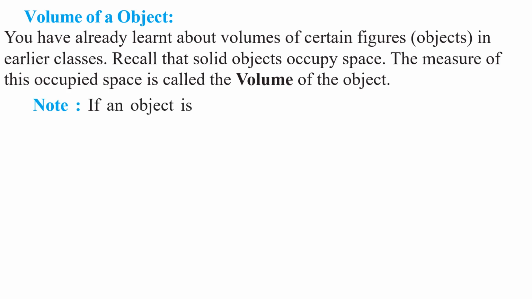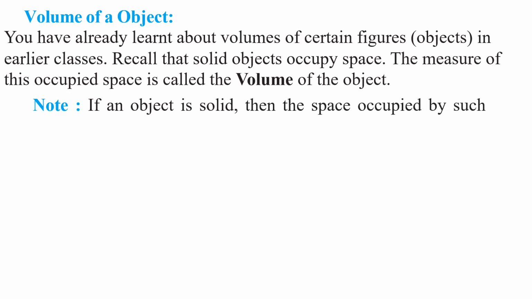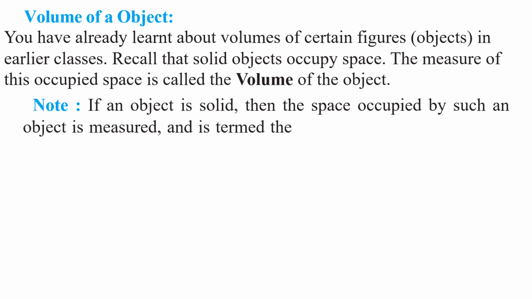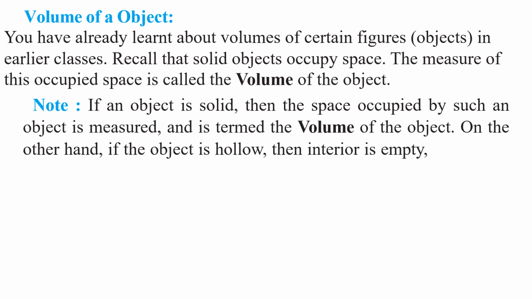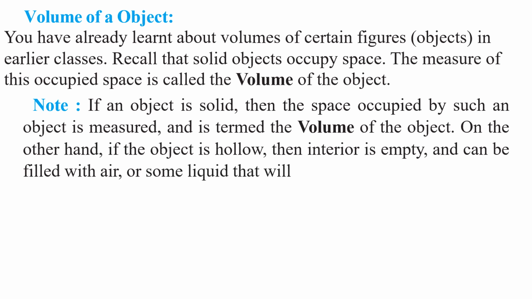Please remember this point, my children. If an object is solid, then the space occupied by such an object is measured and is termed the volume of the object. On the other hand, if the object is hollow, then the interior is empty. Yes or no, my children? And it can be filled with air or some liquid that will take the shape of its container.